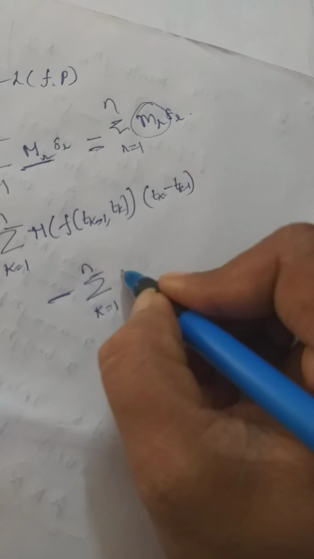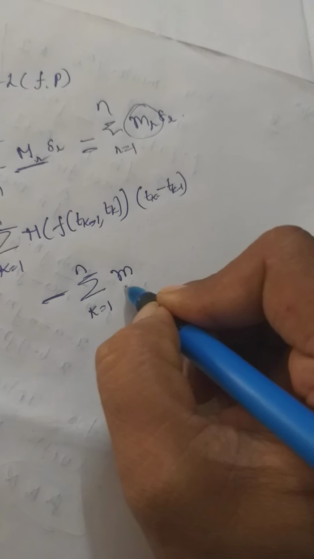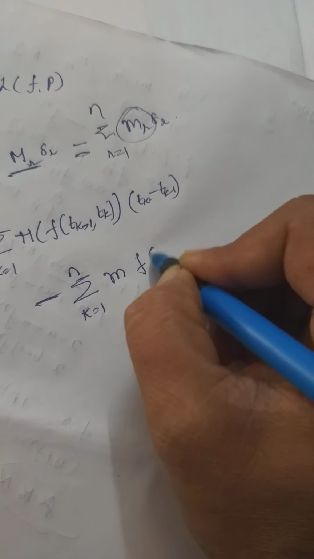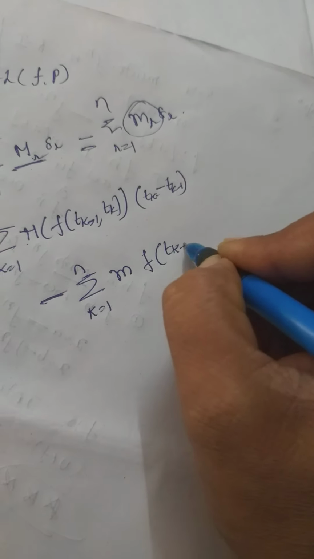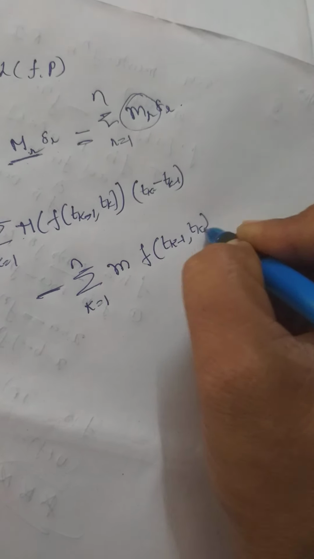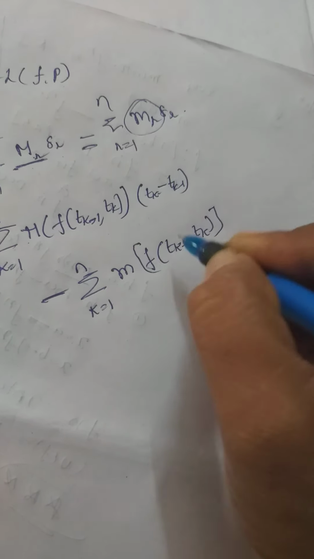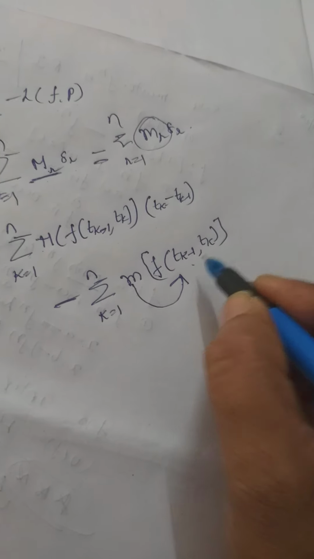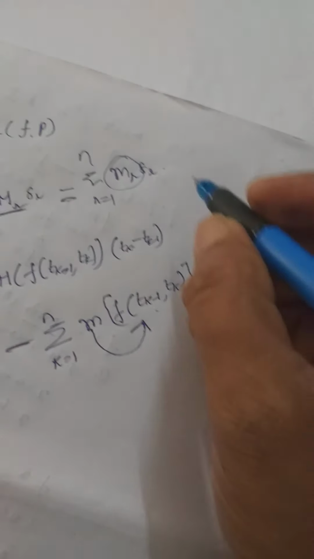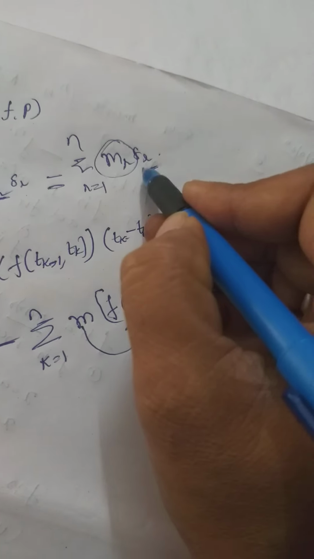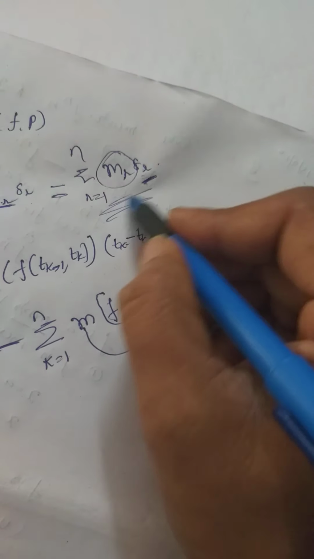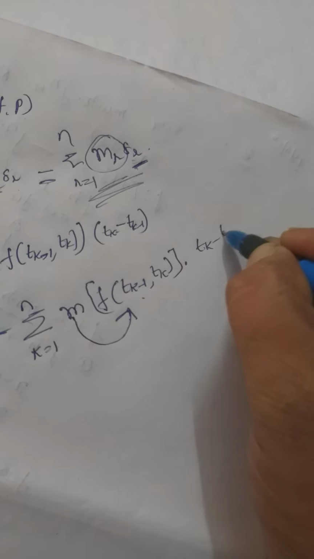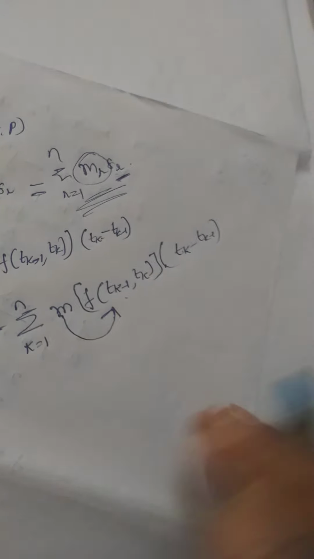With a small notation change, small m is the infimum of the function on the kth subinterval. That means infimum of f of x on this subinterval into delta r, the length of the subinterval. We used this notation in general. Here the length of this interval is t_k minus t_(k-1), right?